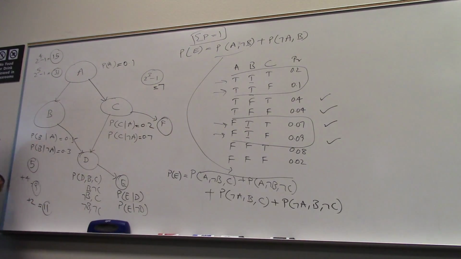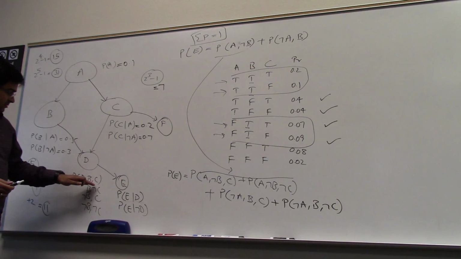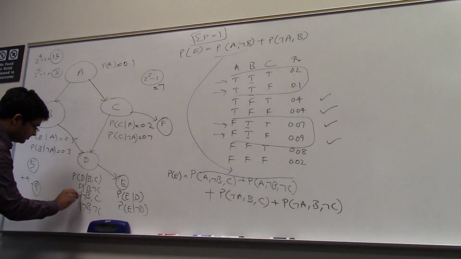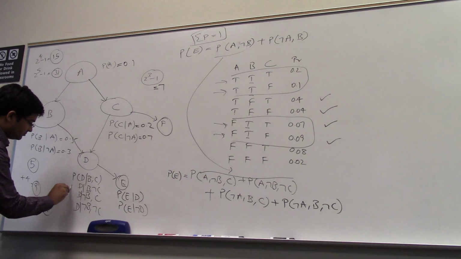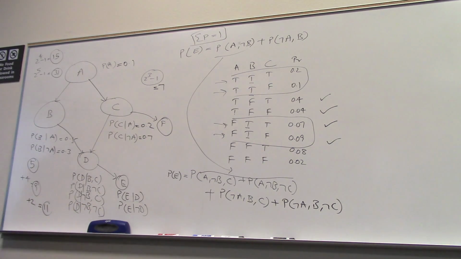For node D, you don't need B given C. You listed B given not C, right? Or is that B and not C? So yeah, sorry, this is all given. All these numbers need to be given.